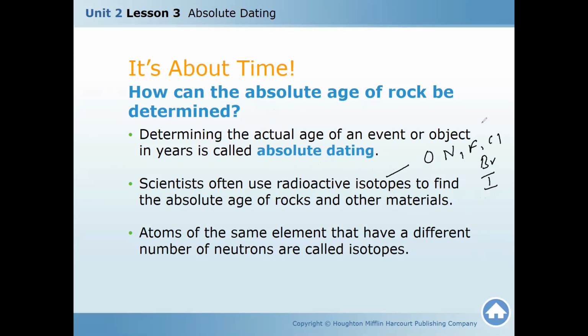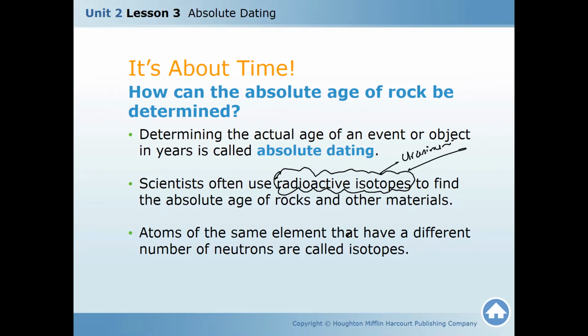These all are elements. There are special elements in the periodic table, for example uranium. These are radioactive isotopes. You don't have to study about them now, but I wanted you to know what they are exactly, to find the absolute age of rocks and other materials.